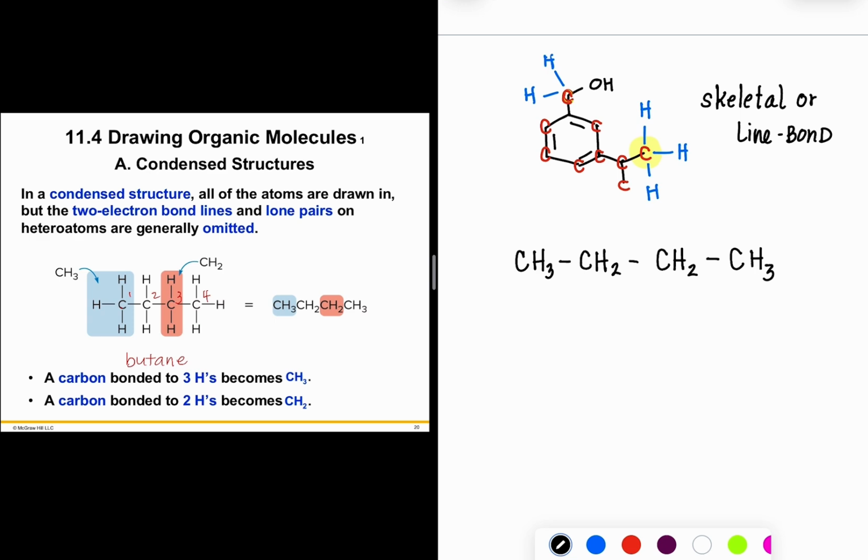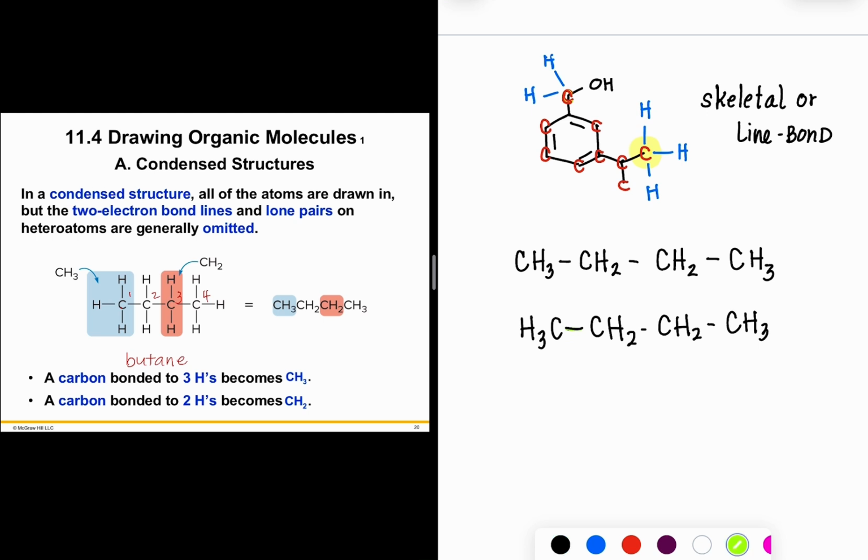I want you to note that sometimes molecules are written like this, but oftentimes it's going to be written in a different way. H3C on the left side, CH2-CH2-CH3. What I'm showing here is that carbon to carbon connection. So sometimes we see H3C, sometimes we see CH3.